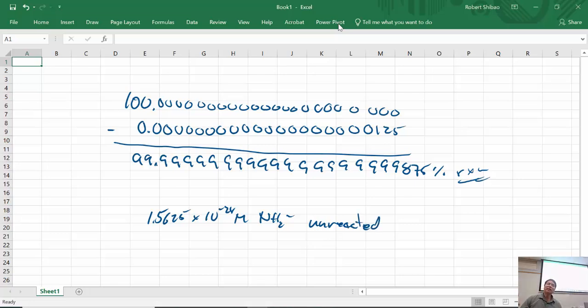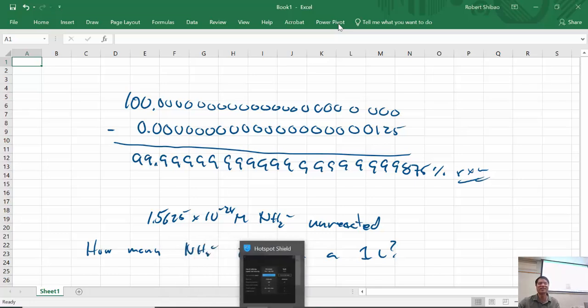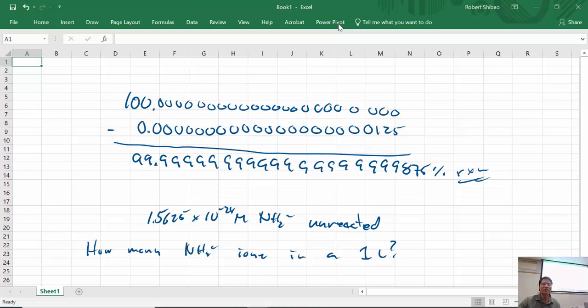And so if I have a liter, how many amide ions in a liter? Can you calculate that for me? How many amide ions would you find in 1 liter of this solution?